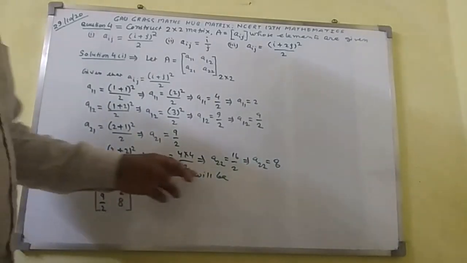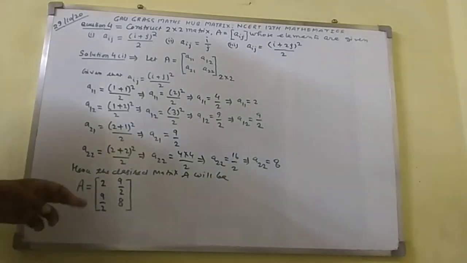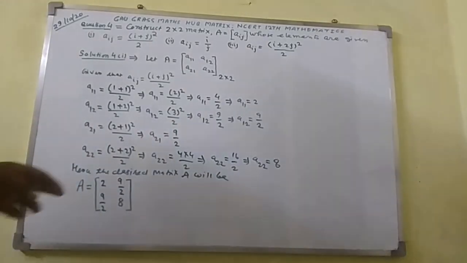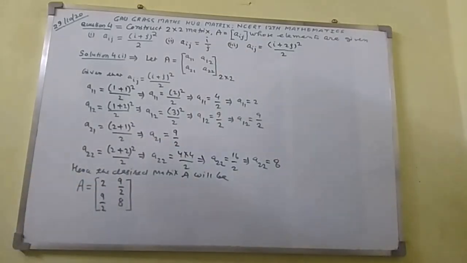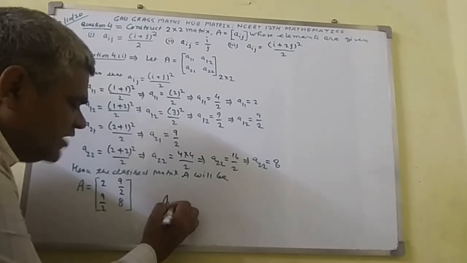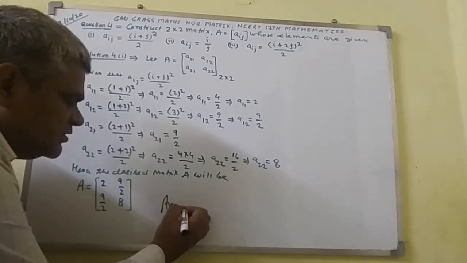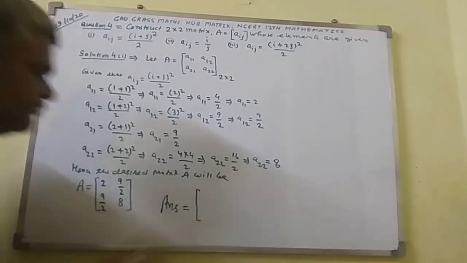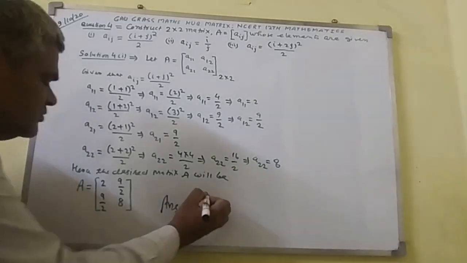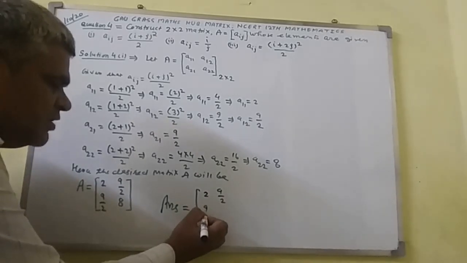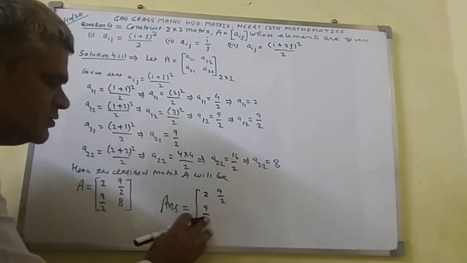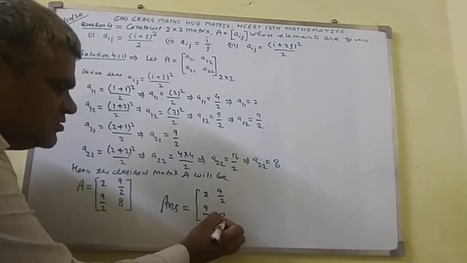Hence the desired matrix A will be A equal to, the elements of first row I have written here 2, 9 over 2. The elements of second row I have written here 9 over 2, 8. Here I have got the answer, equal to 2, 9 over 2, 9 over 2, 8.